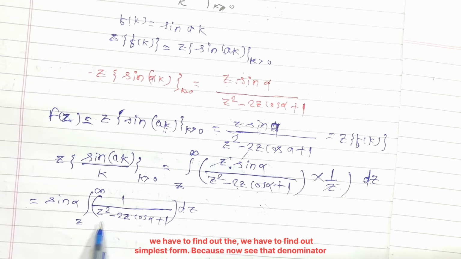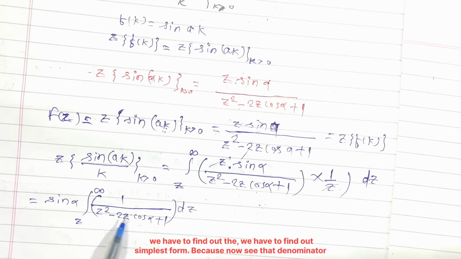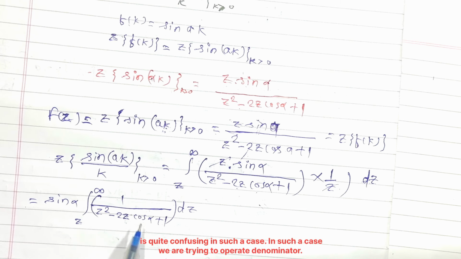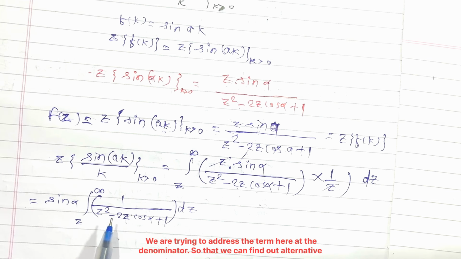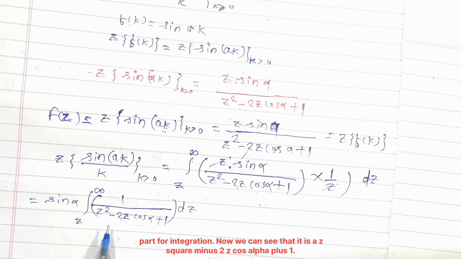Now see that guys, we have to find the simplest form, because the denominator is quite confusing in such a case. We are trying to operate on the denominator, adjusting the terms there, so that we can find an alternative way for integration.